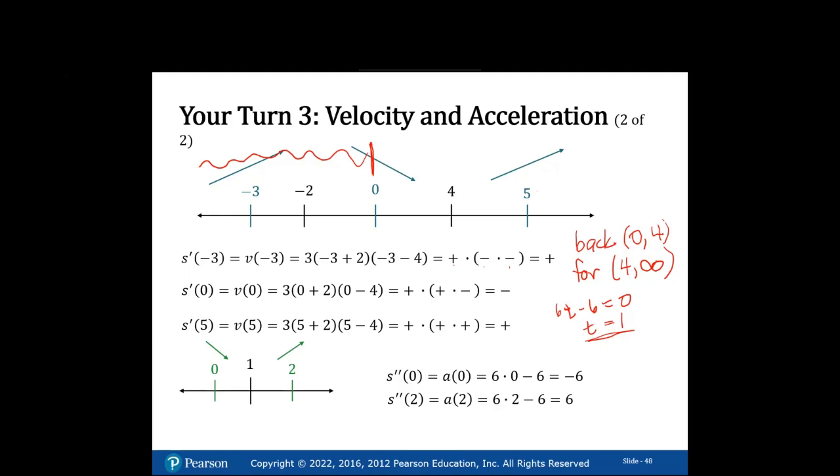Now, that doesn't mean that we're not going anywhere, right? Because obviously velocity is not 0. But it does tell us that our acceleration is decreasing. So we're not speeding up, we're letting off of the gas a little bit, and we're slowing down.